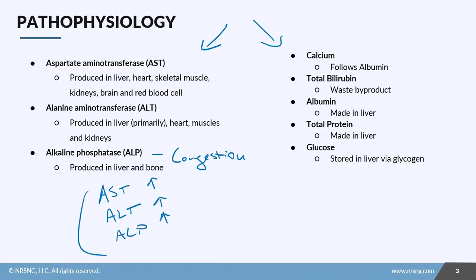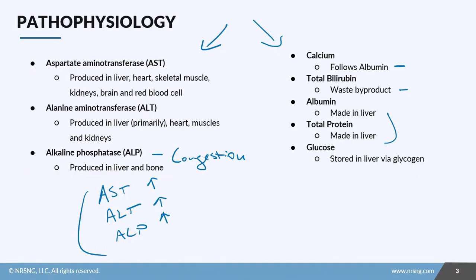Let's take a look at these other values. So when we look at calcium, we're going to look at liver function tests because it's associated with albumin. So it's going to follow that albumin where it goes. And because albumin and other proteins are made in the liver, we also look at them to make sure that they're being produced appropriately. Also, we look at total bilirubin because that gives us an indication as to if there's some sort of liver dysfunction, because the liver is responsible for breaking down the bilirubin and sending it to the GI tract.